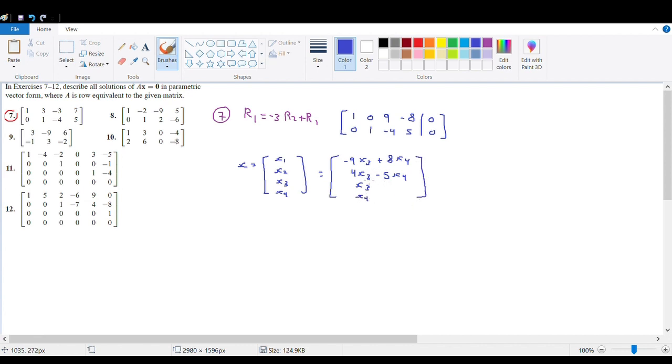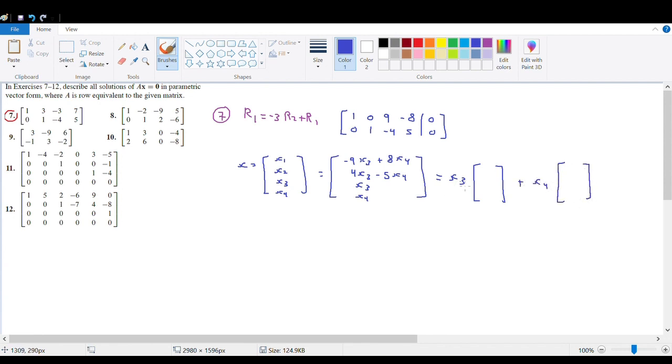So we see here the common variables are x3 and x4. From here we can take x3 as a common factor, plus also x4 as a common factor.